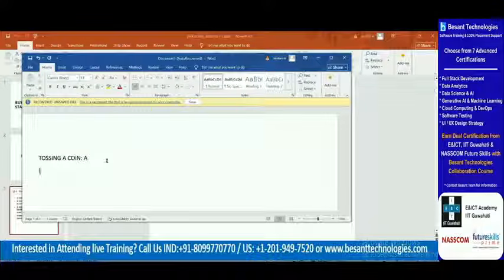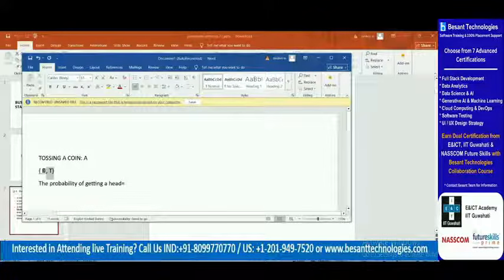So for tossing a coin, you have a head and a tail. What if I'm asking you the probability of getting a head? Okay. So in this, the number of favorable outcomes for a head is 1, no?